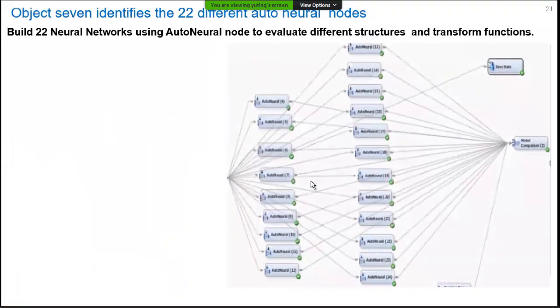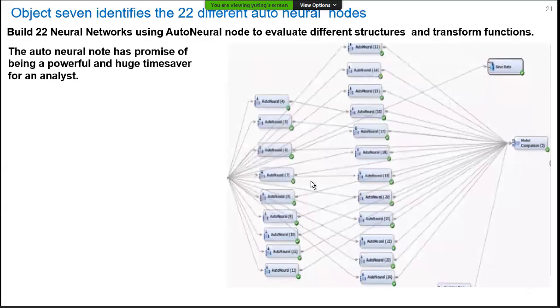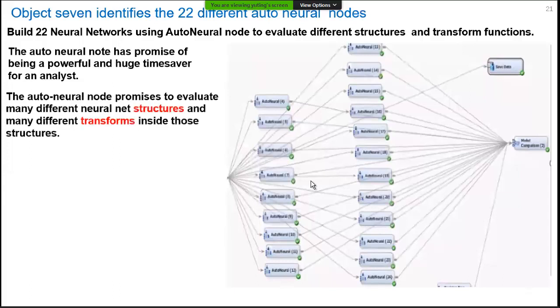Now, we build 22 neural networks using the autoneural node to evaluate different structures and transform functions. The autoneural node has a promise of being a powerful and huge time saver for analysts. It promises to evaluate many different neural net structures and many different transforms inside those structures. I run 22 autoneural nodes in this paper.